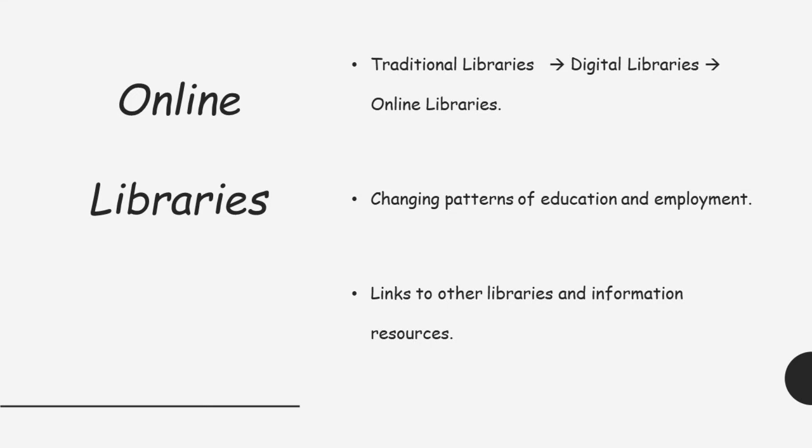While a digital library is a form of a traditional library, an online library is a technologically upgraded version of the traditional library. Due to the information explosion and technological overdose, most of the traditional libraries are upgrading to digital and then finally to online libraries.